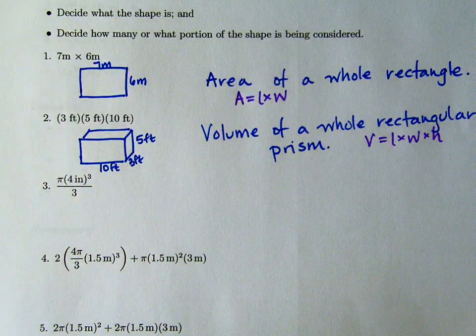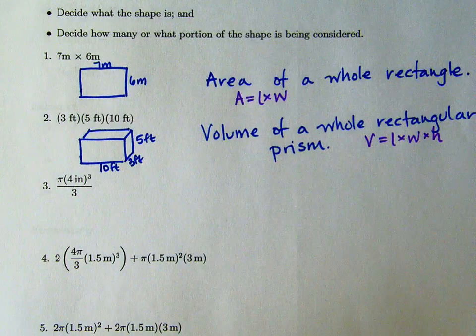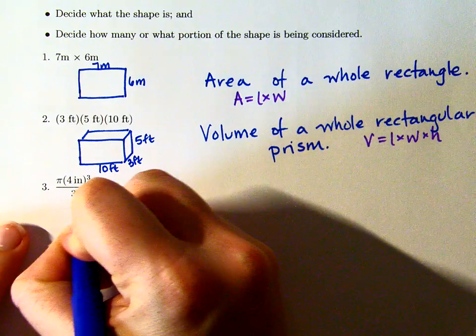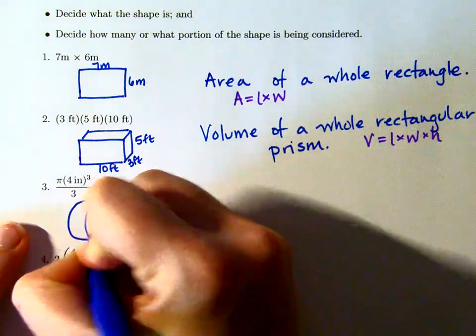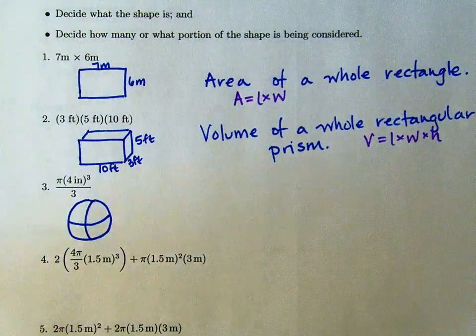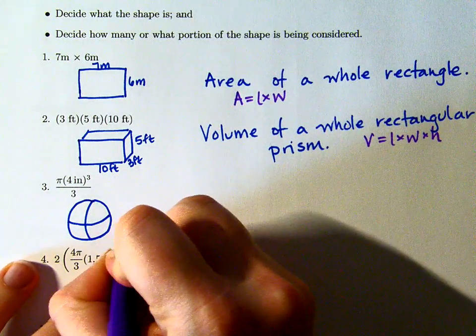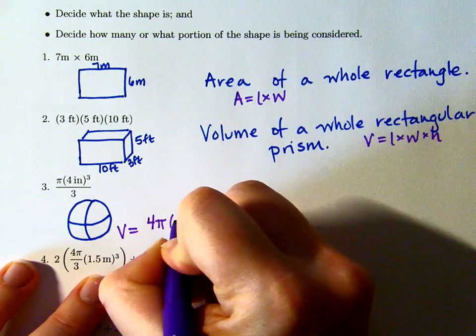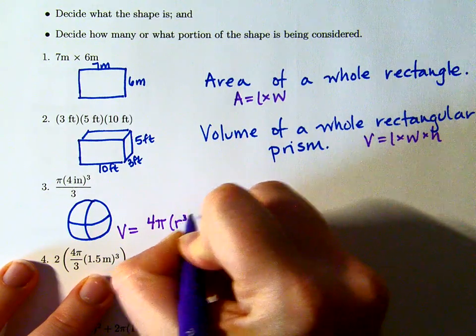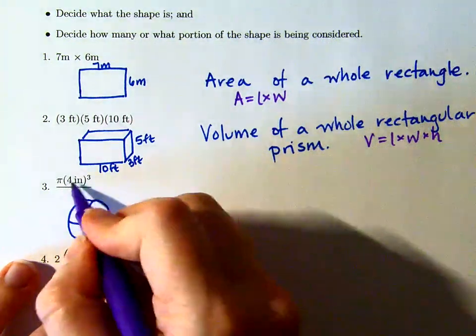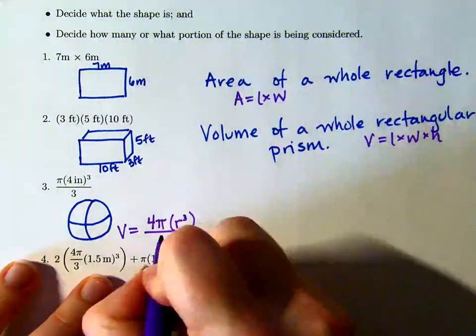Okay, so we have a sphere, and I'll draw that. Okay, so we're looking at a sphere, and I know, I'm going to write this down here, that the volume is 4 pi and r cubed. I don't know why I put that in parentheses. It seems silly. I think I saw parentheses there and just imitated.